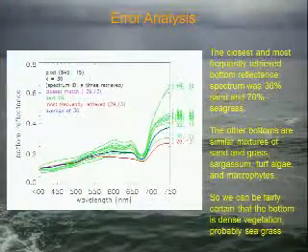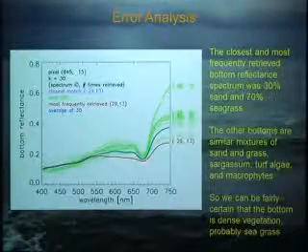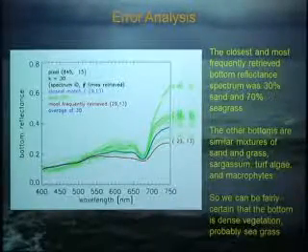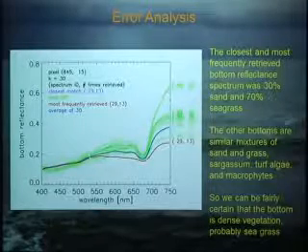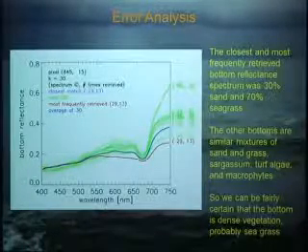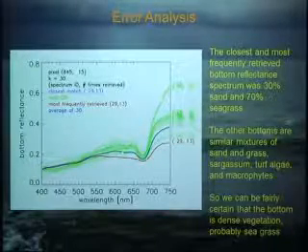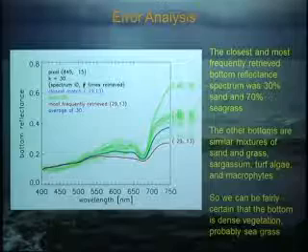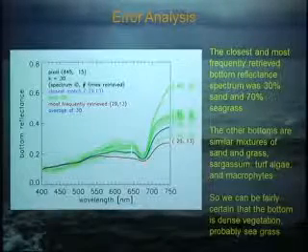For the same 30 spectra, if we look at the retrieved bottom reflectances, the closest match is the purple one. The most frequently retrieved is this red one. The average of the 30 is this one. And they're all very similar spectra. They all have this yellowish green peak here.